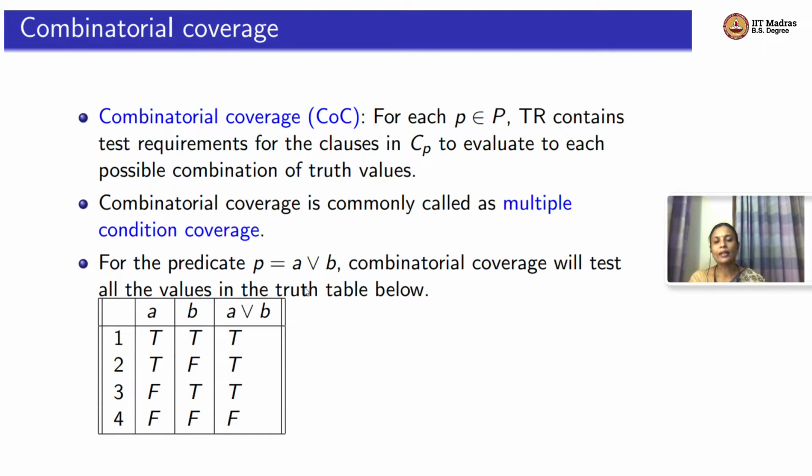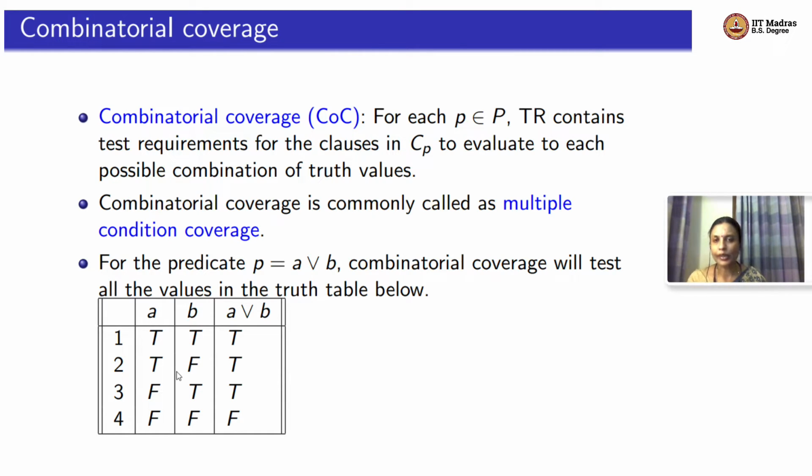What we mean by that is take every possible assignment of true false values and make the clauses true once, false once, all possible combinations, and test for the entire truth table. So I'm repeating the truth table for OR, which we have seen several times. Here, there are four different possible combinations because there are two clauses, two power two, four different combinations. That's what is listed in the four rows. So my test requirement says test it for all the four combinations.